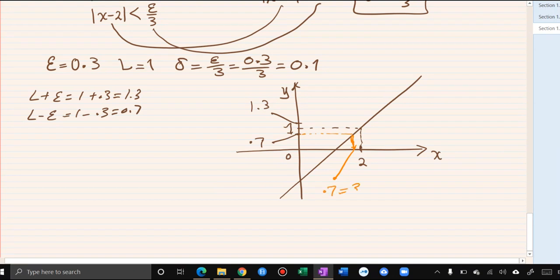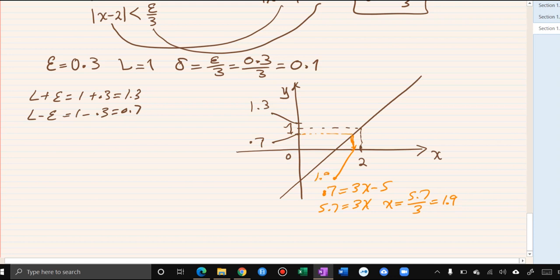Set it equal to 3x minus 5. So add 5 to both sides, and we get 5.7 equal 3x. And divide both sides by 3. So that's 5.7 divided by 3. That's like, let's see, 57 by 3, 19. So that's 1.9-ish. There you go. So this value is 1.9.